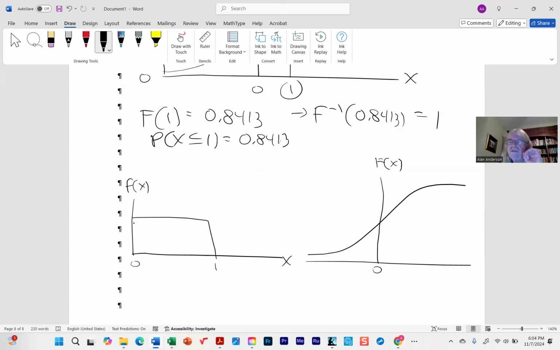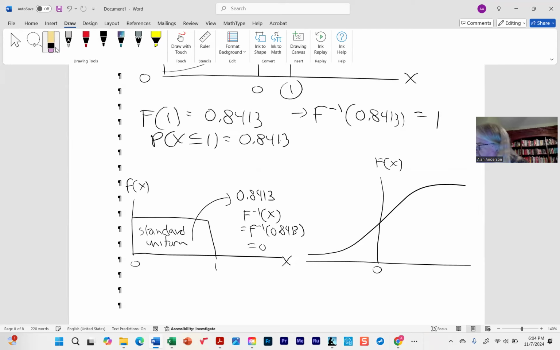Imagine I randomly simulate from the standard uniform, and I come up with 0.8413. If I feed this into this F inverse function, I end up with 1, which is taken from the normal distribution.